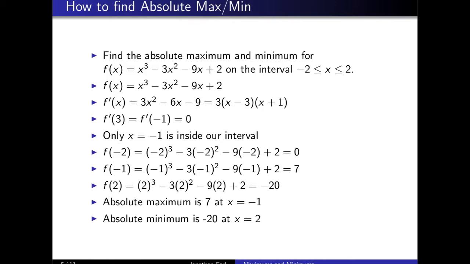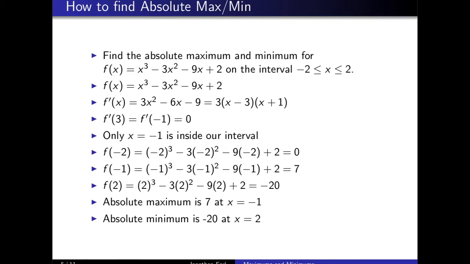So we'll factor our derivative as 3 times x minus 3 times x plus 1. From this, we can easily see our derivative is 0 at x equals 3 and x equals minus 1. But because we're looking over the interval minus 2 to 2, the critical point of x equals 3 is not going to be relevant, so we're just going to casually discard it.